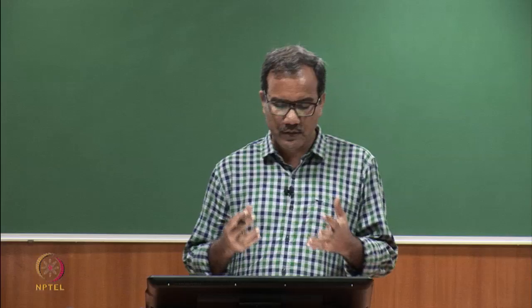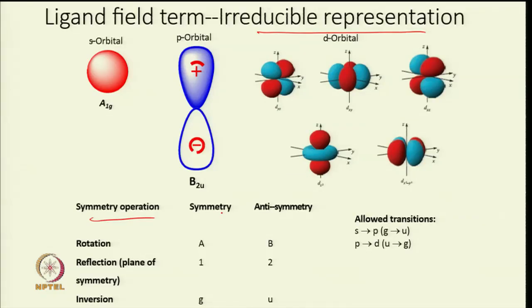But what we generally do is, we look at the symmetry operation and see whether they are symmetric or anti-symmetric. For example, let us take s orbital. You have to do these symmetry operations and look at whether it is symmetric or anti-symmetric with respect to that operation. If you do a rotation, what will happen to s orbital?